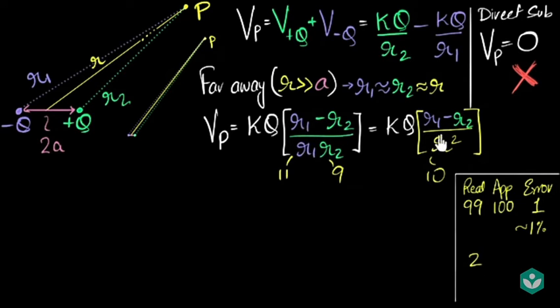Now if I substitute the values here, 11 minus 9 is 2, so the numerator is 2. If I substitute 10 here, I get 0, that's the approximate value. The error is also 2. Now 2 out of 2, 2 divided by 2, is 1, that's 100%. That error is not acceptable.